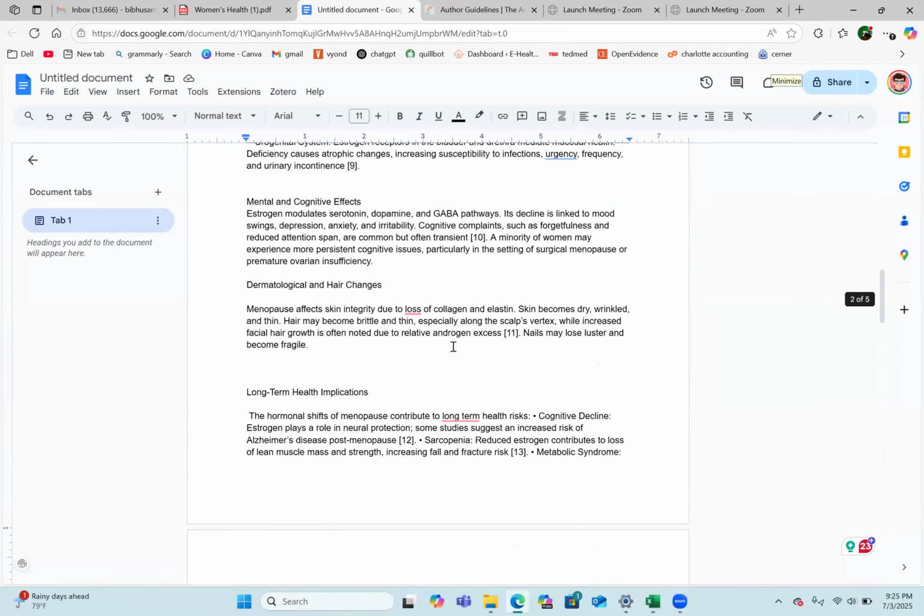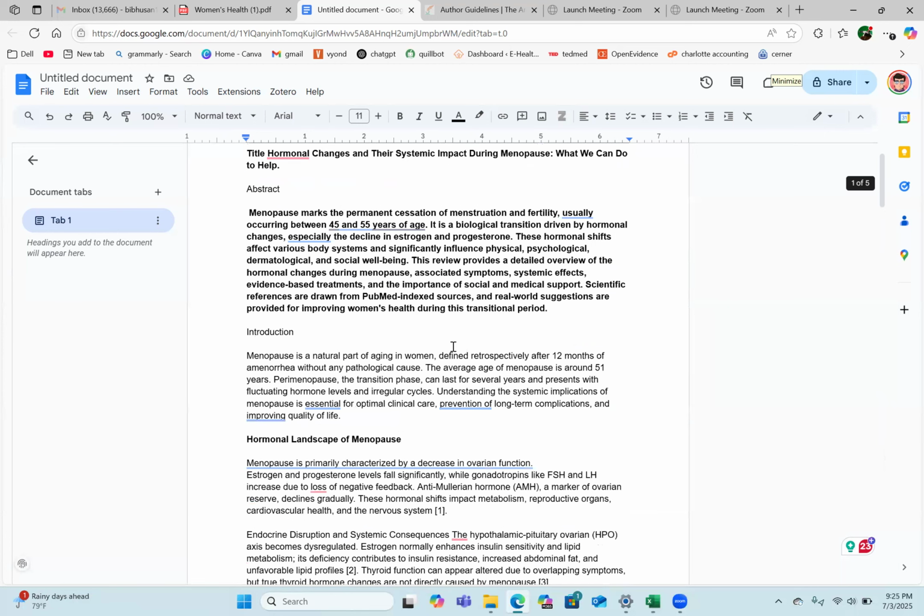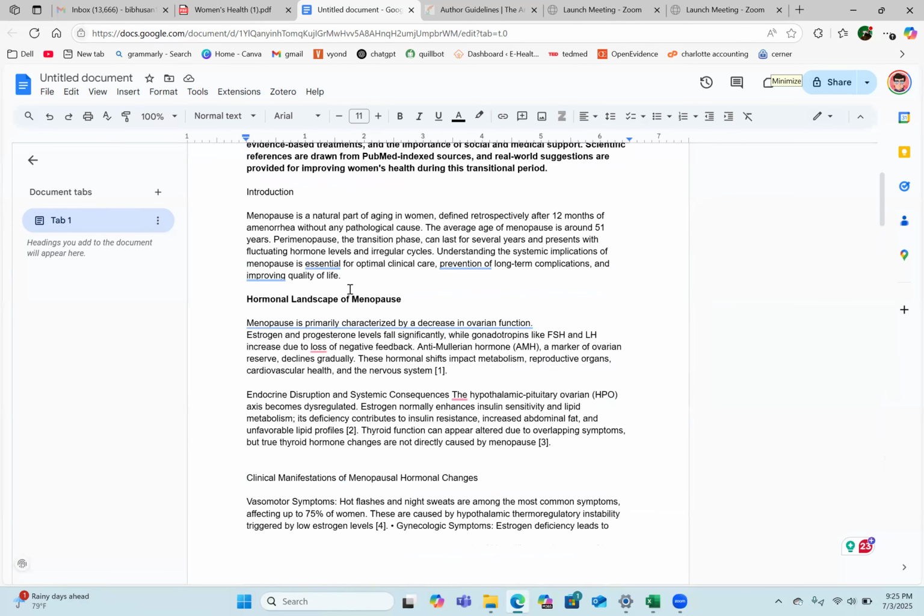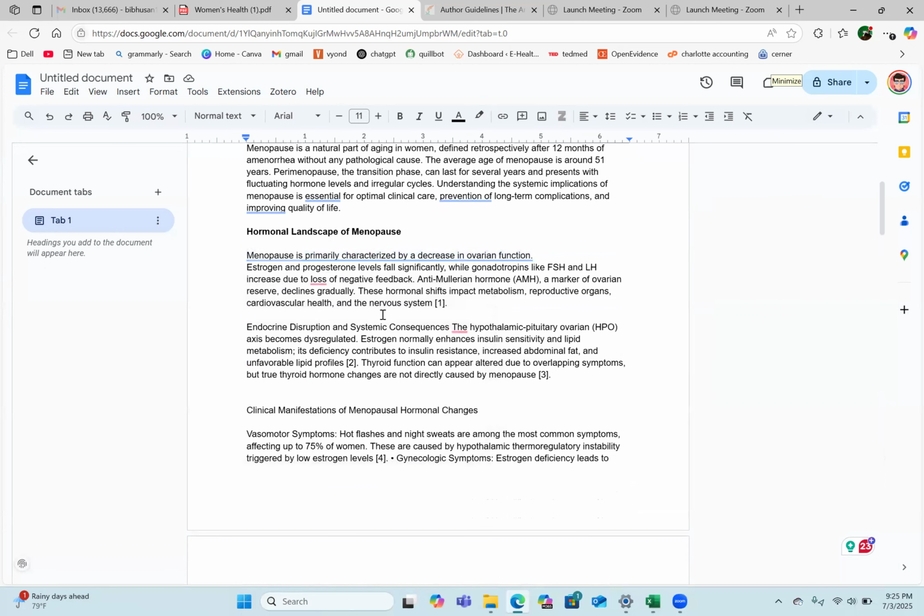So overall, my take-home message is: the title should be good, simple language but catchy, abstract in 5 pointers, introduction to start with, and then you want to focus on things like menopause, right? I want to focus on hormone changes and menopause. I want to focus on osteoporosis and menopause.